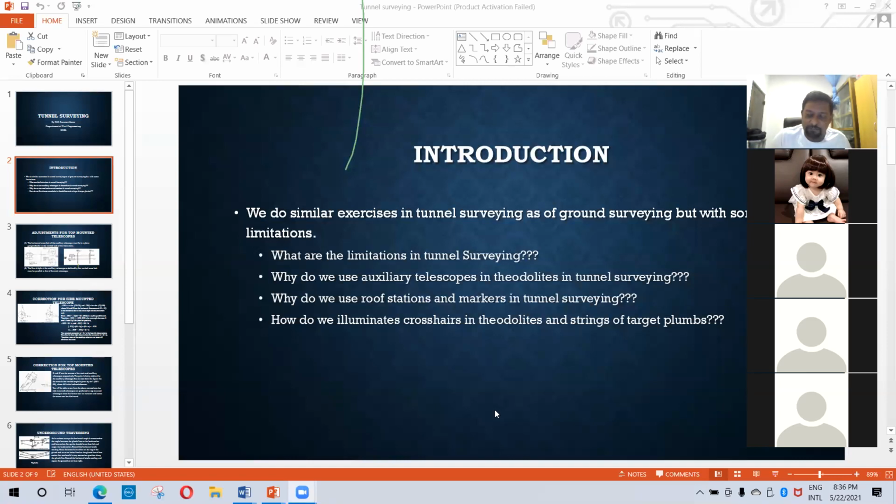Now my question is, why do we put these stations on the roof of the tunnel? Not to lose. Operational reasons, you will find it. Yeah, that's the reason, right?